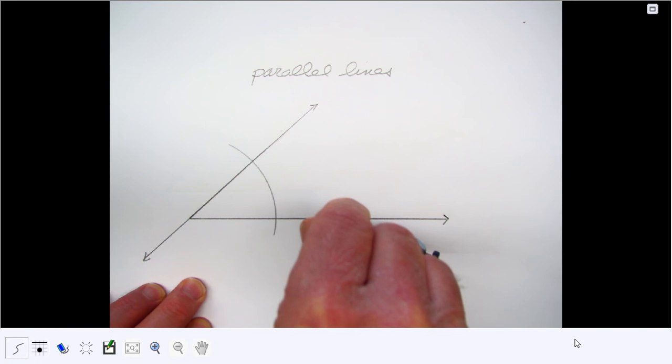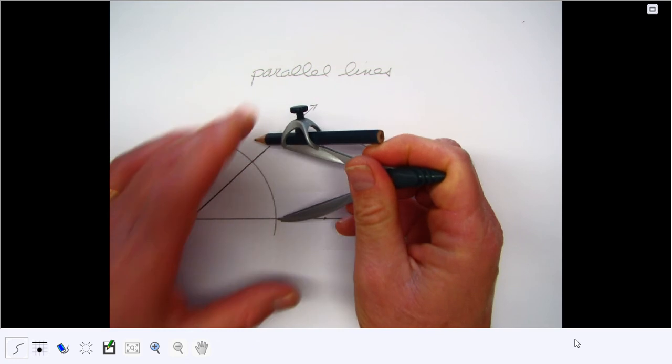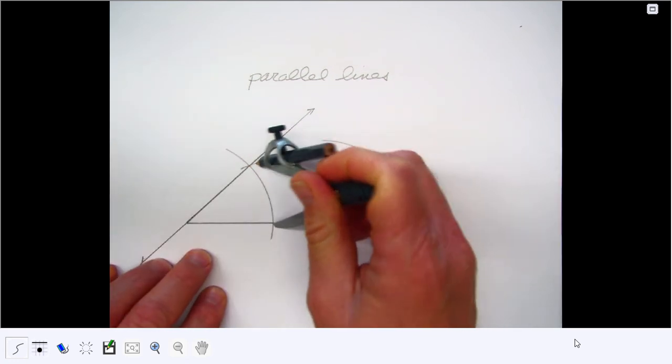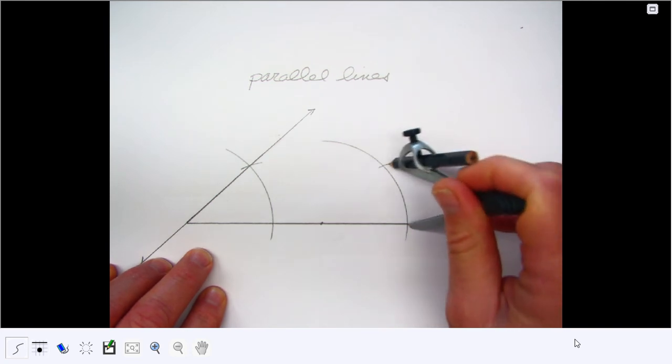I'm going to go over here to this arbitrary point I picked, and draw an arc. I'm going to measure from here to here, and also from here to here.